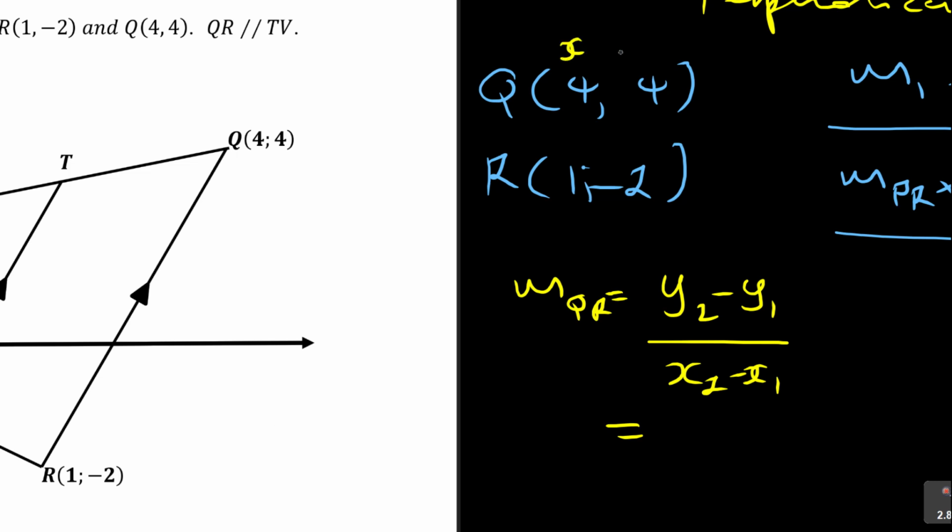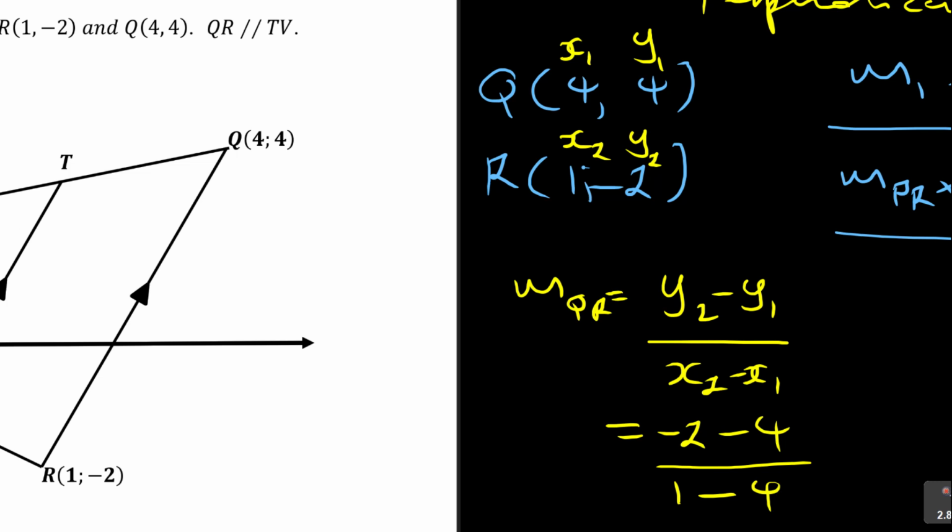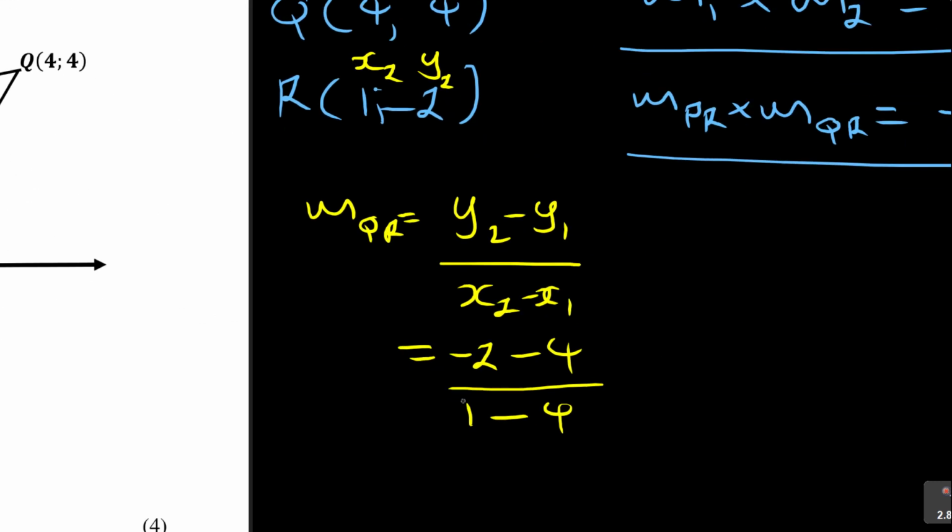This is my x1, this is my y1, this is x2 and y2. See how I'm doing it? So y2 is -2 minus 4 over x2, which is 1 minus x1, which is 4. If you use a calculator, this will be -6 over -3, which gives us 2.